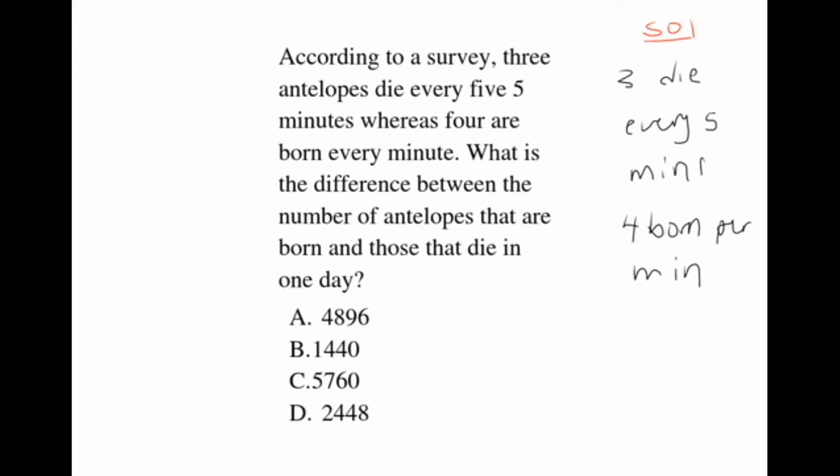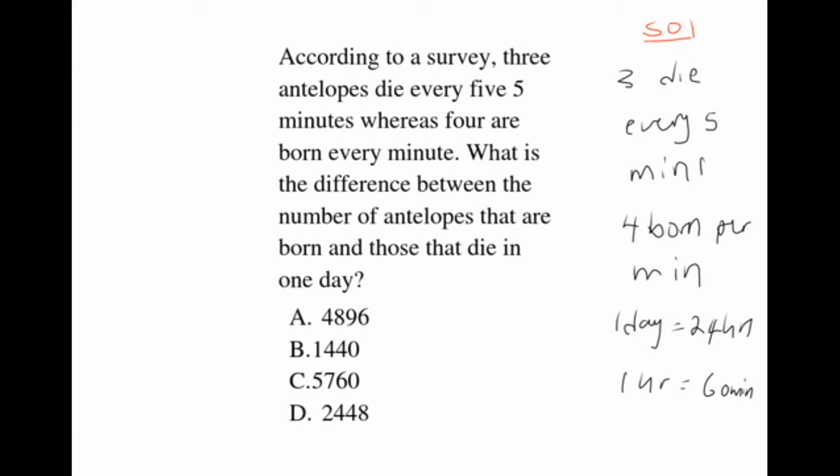Then we are asked, what is the difference between the number of antelopes that are born and those that die in one day? We know that a day has 24 hours. Therefore, 1 hour is equivalent to 60 minutes.